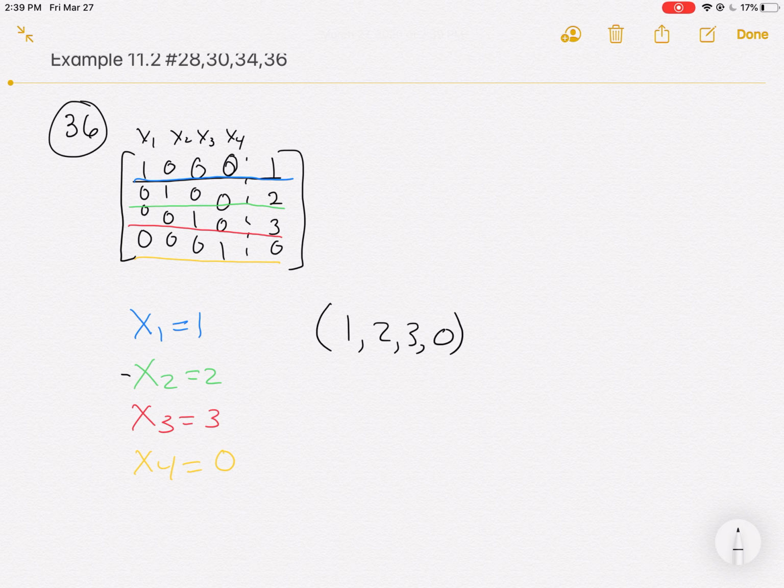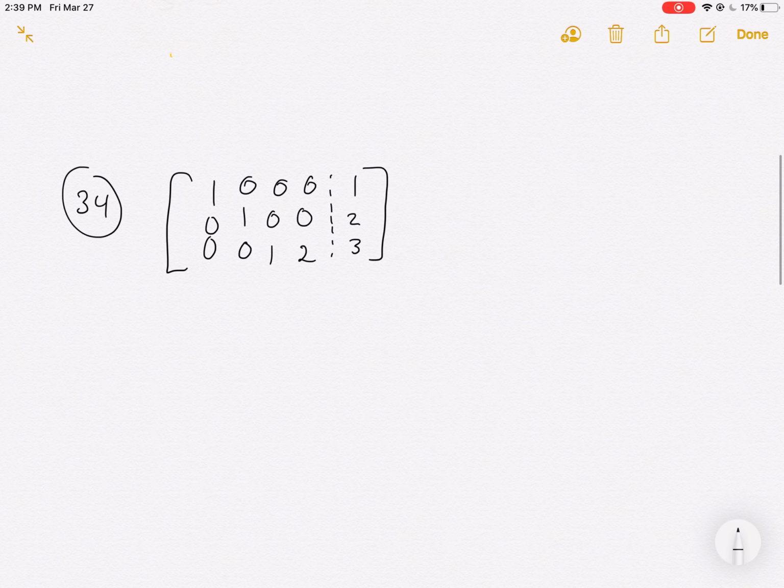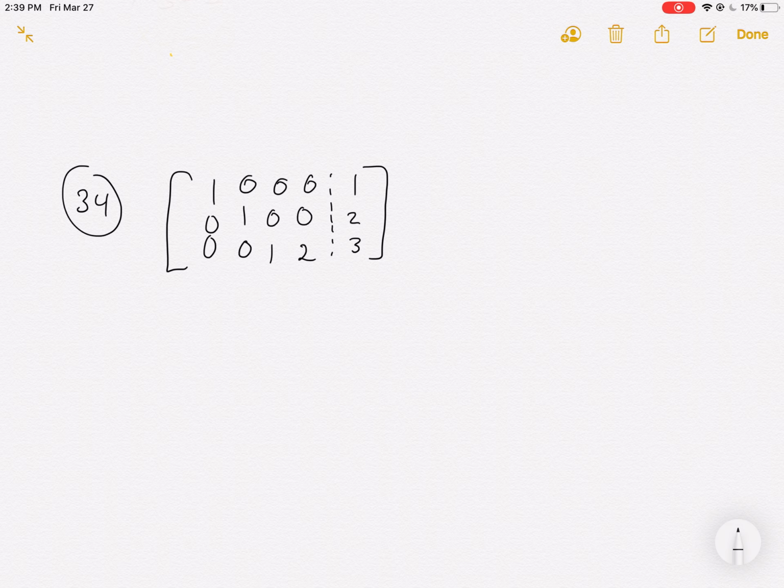But that's an example where every variable is accounted for, but other things happen. Take a look at 34. Look how many variables it has. It has 1, 2, 3, 4 variables, but only 3 equations. That's going to happen sometimes in practical applications, is that you have more variables than you have equations, and so therefore one of them can kind of be anything.